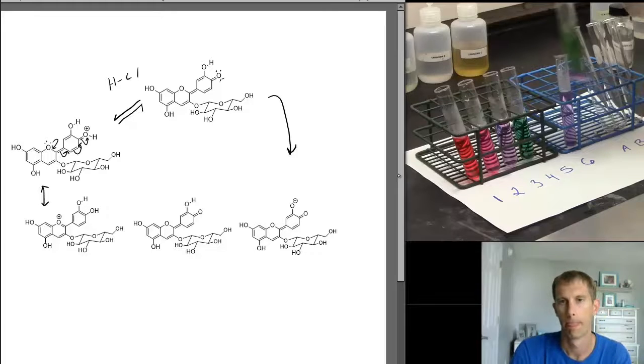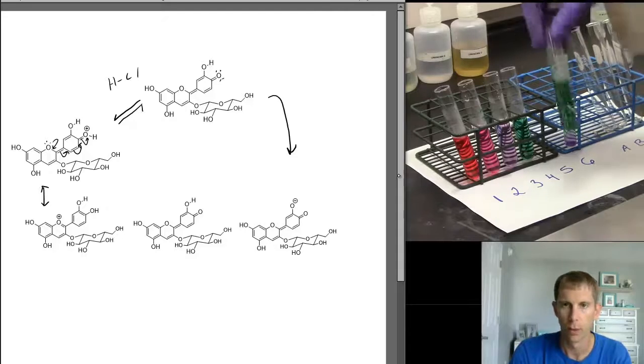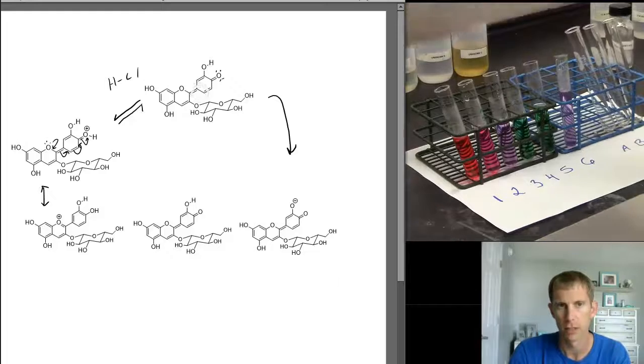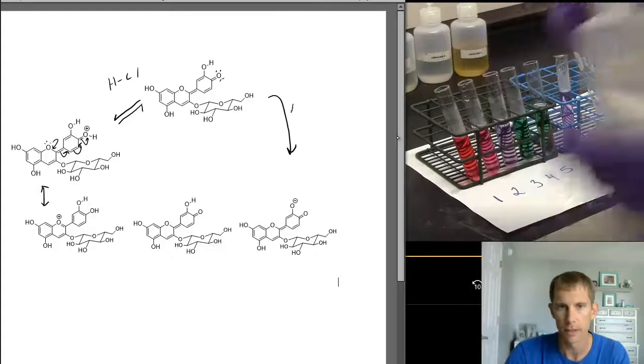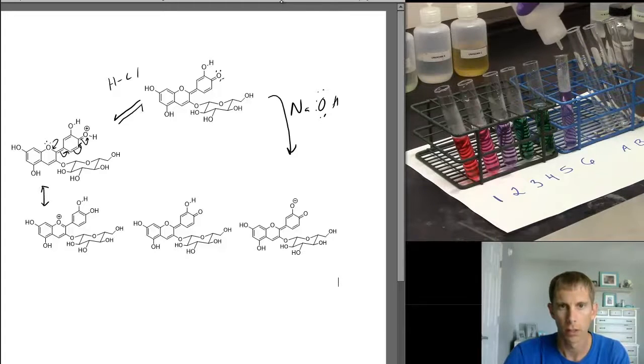So now we've added a slightly stronger base. We're going to deprotonate a little bit more of the percentage of our original starting material. And finally, we're adding a very strong base, sodium hydroxide. So once sodium hydroxide is added to this, we've got our 3 lone pairs of electrons.